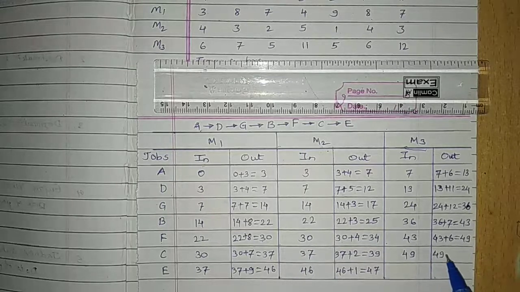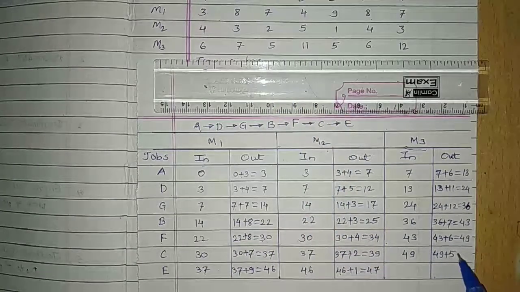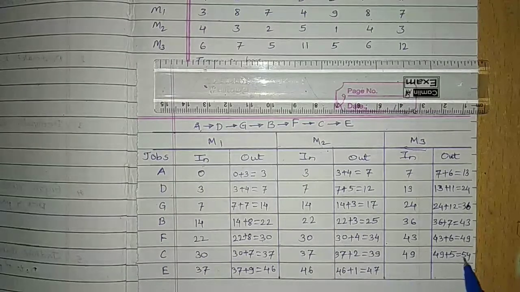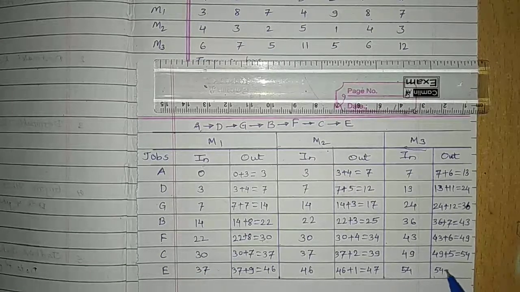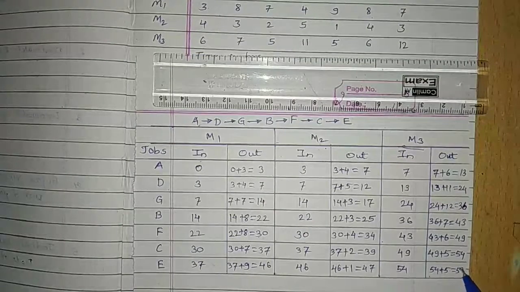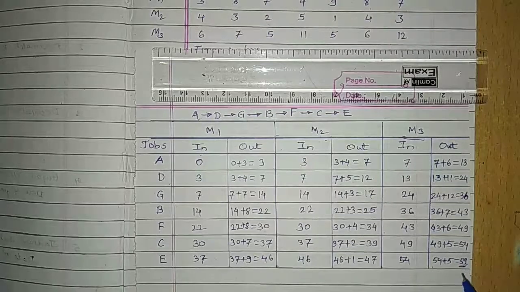Now out time will be 49 plus job C has processing time 5 hours on machine M3. 49 plus 5, 54. Now here maximum of these two is 54. So 54 plus processing time of E on M3 is 5. So it comes 59 hours. So this is the important time for us.